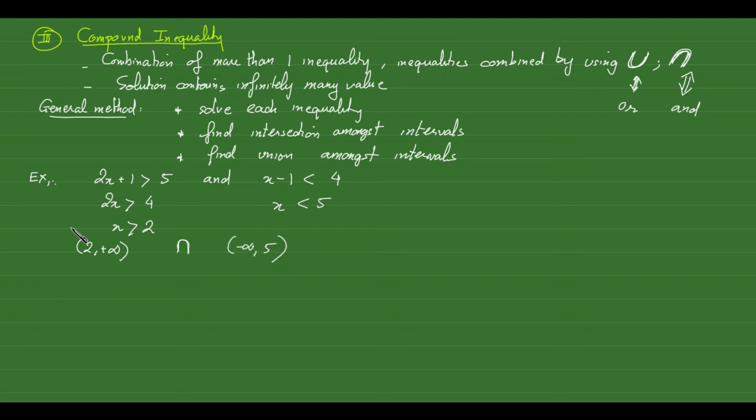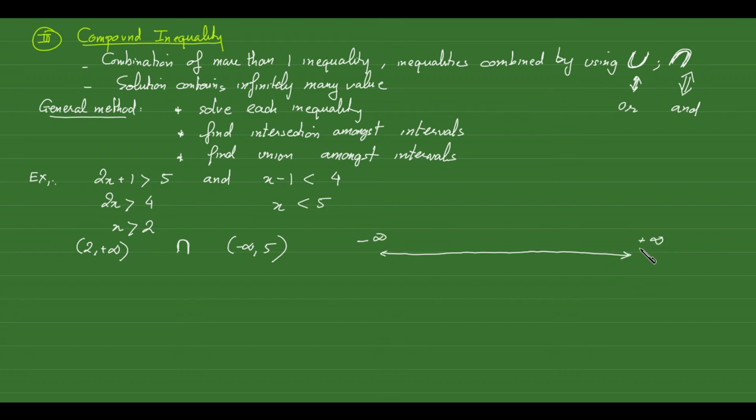But that is not the final answer, because we have to find the intersection here. So I'm going to put it on one number line only, because we want to find the intersection.